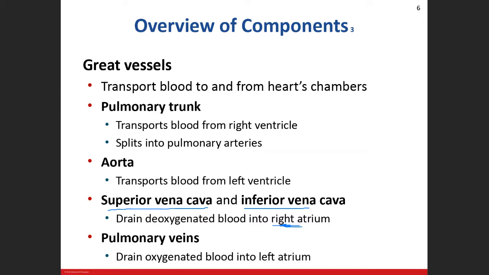Then it's going to get dumped into the right ventricle and leave the heart and go towards the lungs through the pulmonary trunk.